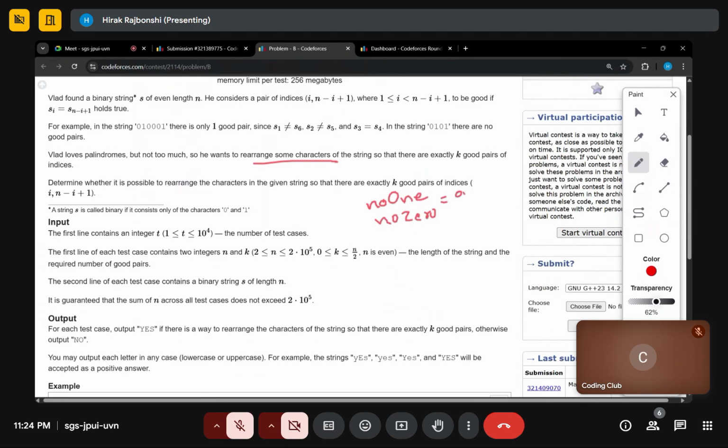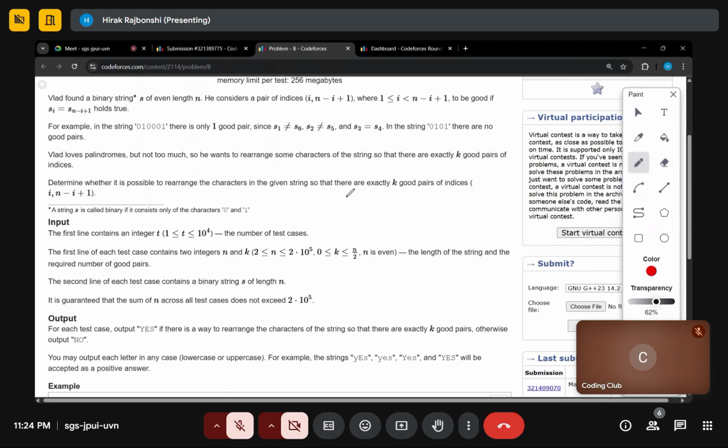Say this is ones and this is zeros. Now can we construct a string such that exactly k pairs are good from these numbers? So how can we do that?